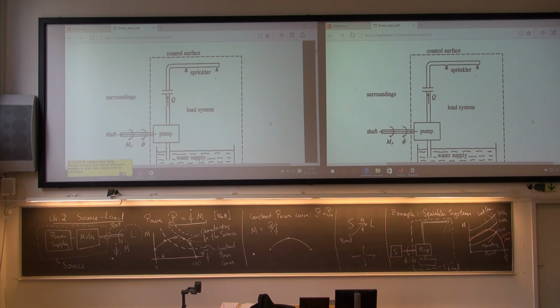Of course, for the 20th floor, we have a couple of operating points here as well, where source and load are in balance. But you see, for the 20th floor, we have a problem. It won't even start. When you switch on the power supply, everything is at rest. This is the amount of torque the motor can give, but this is the amount needed to get things to move.